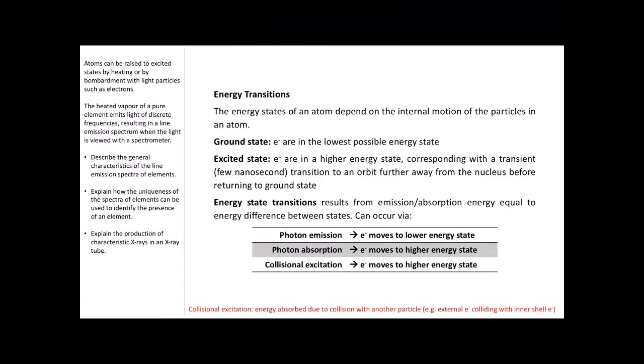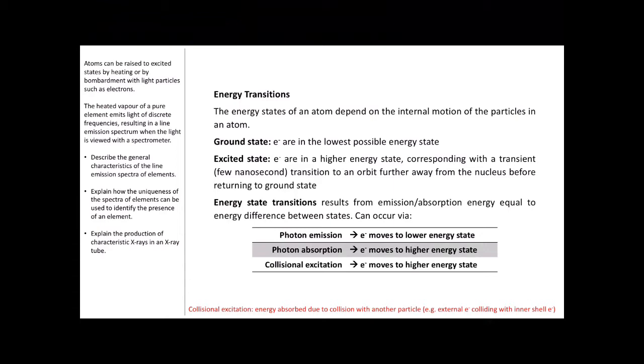A third way of transitioning is by collisional excitation, and this is when energy is absorbed due to a collision with another particle. For example, an external electron colliding with an inner shell electron, which we touched on when we were talking about X-rays one or two videos ago.